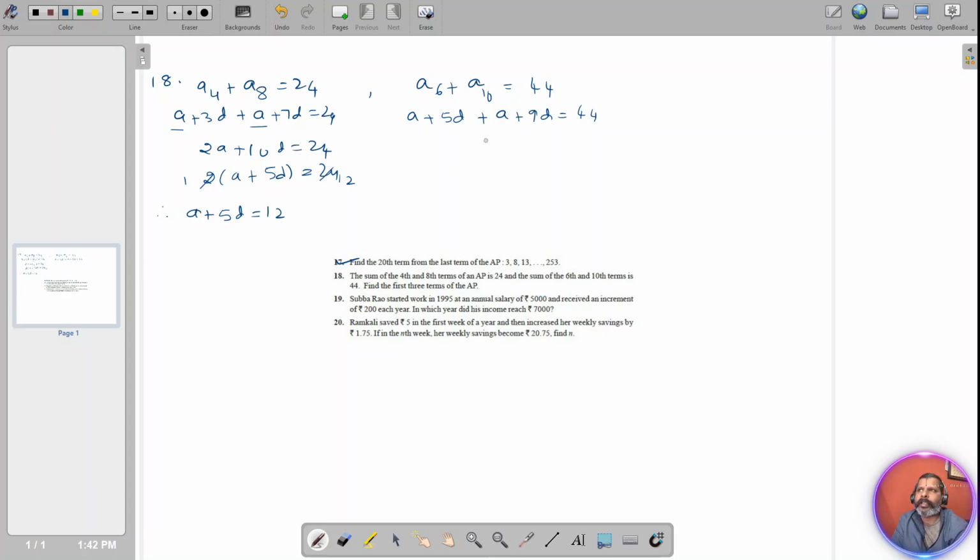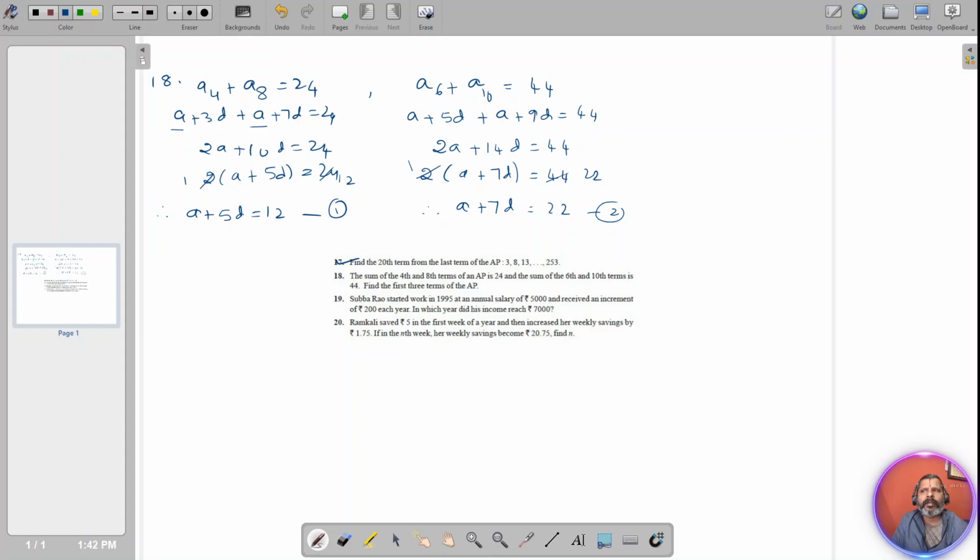Add the like terms, a plus a becomes 2a, 5d plus 9d becomes 14d, equal to 44. Similarly, take 2 common: a + 7d equal to 44 divided by 2, which is 22. Therefore, a + 7d equal to 22. So we call these two equations 1 and 2.